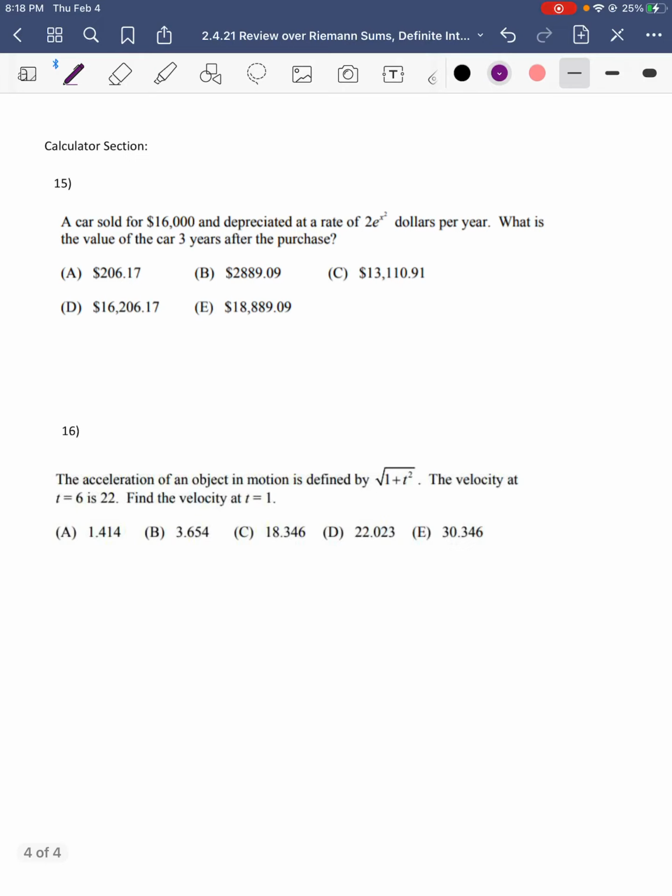Alright, the last thing we need, this is where you get to use a calculator, Desmos or TI Inspire, whatever you have. So this first one says a car sold for $16,000, depreciated at a rate of 2e to the x squared per year. What is the value of the car after 3 years? So we know it started at 16,000.